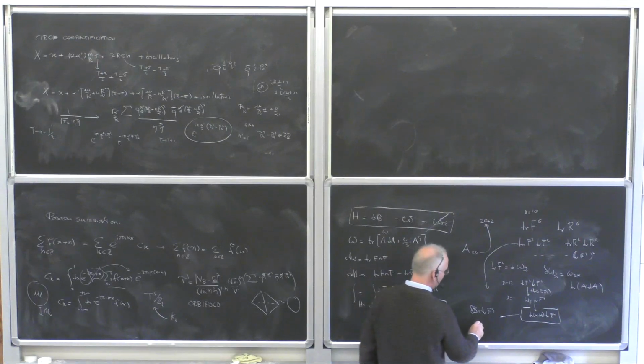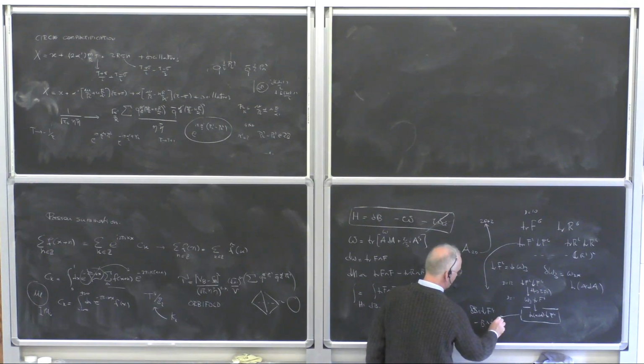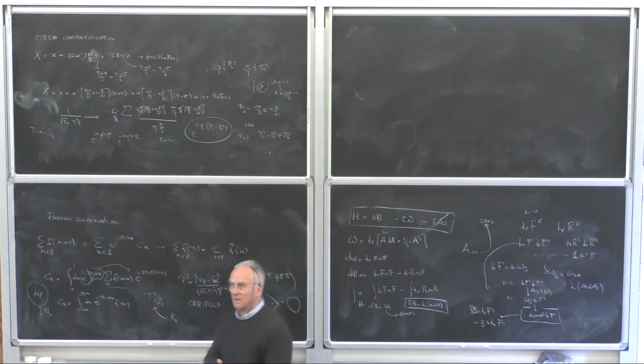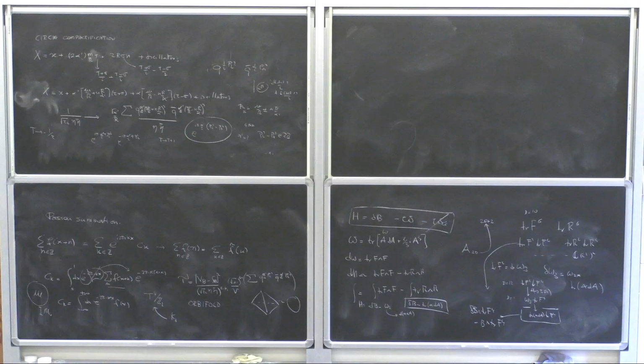And so it can be cancelled if you take the theory and add the local term of this type. And that's the key idea of the Green-Schwarz mechanism. The cancellation that is automatic at the level of the string amplitudes in the large effective field theory can be understood as the result of the presence of local counter terms that can take care of part of the anomaly.